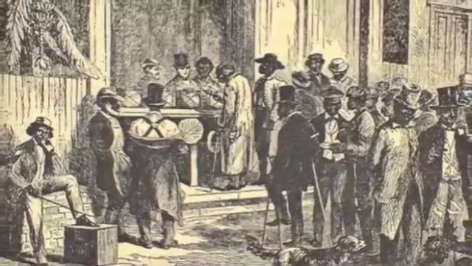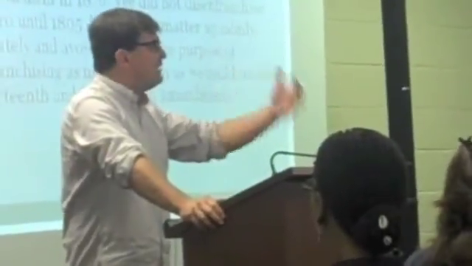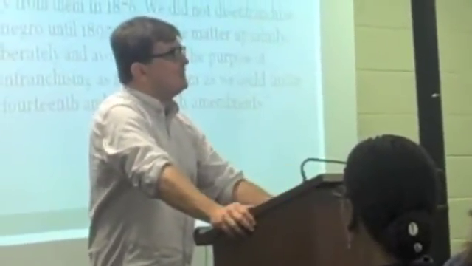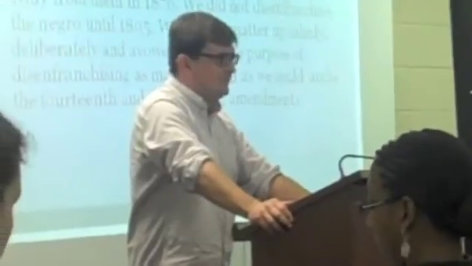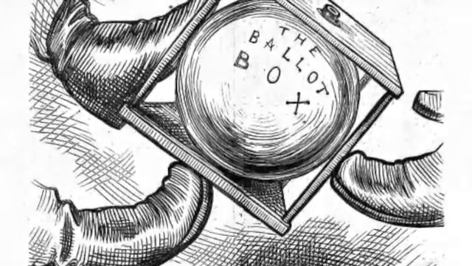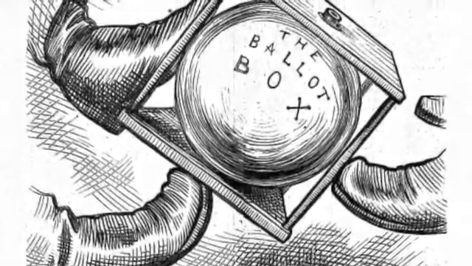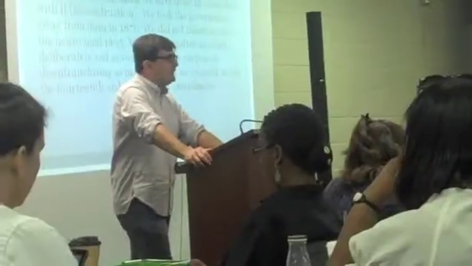So what you see in South Carolina and in other southern states, beginning really in the 1880s, is a number of elaborate efforts to get around the ramifications of the 15th Amendment. The 1895 Constitution did that.